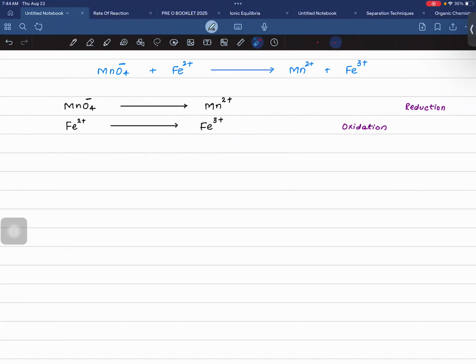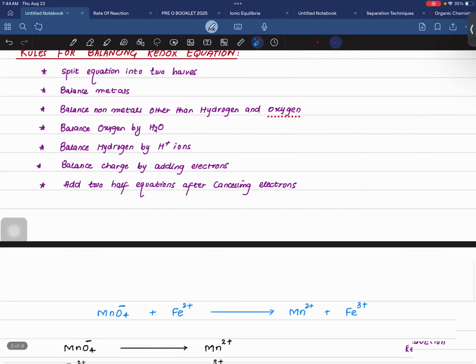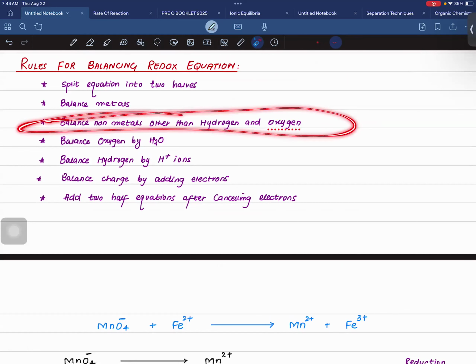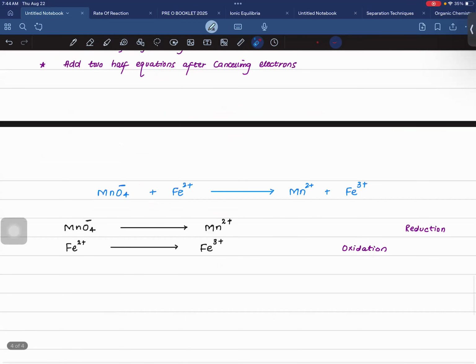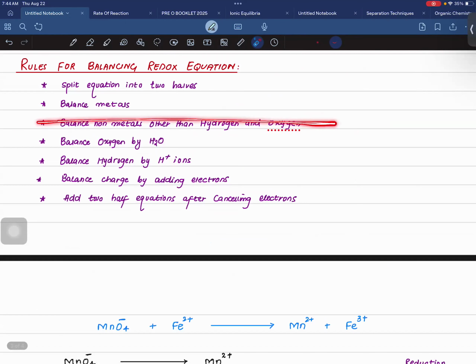On the left hand side you have one manganese, and on the product side you have one manganese. So the manganese is already balanced. No need to touch it; it remains the same. Now move on to the next rule, non-metals other than hydrogen and oxygen. There is no non-metal other than hydrogen and oxygen, so I'm skipping this rule.